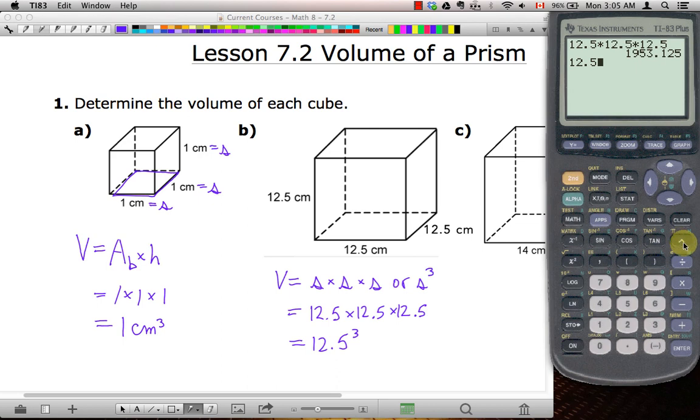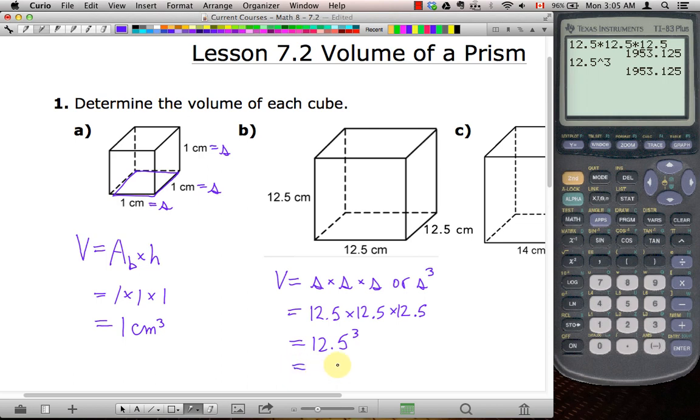So most of you should have some kind of a button like this, raised to the power of 3. Some of you may have a y to the x or x to the y button. So find that and then put in 3 and press enter. And you should find out your answer is 1953.125, and this is cubic centimeters.